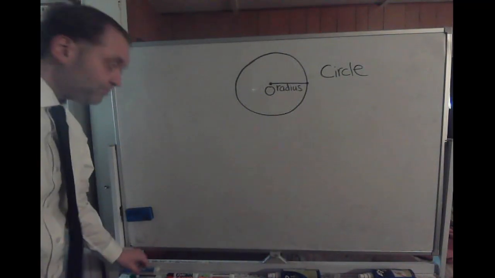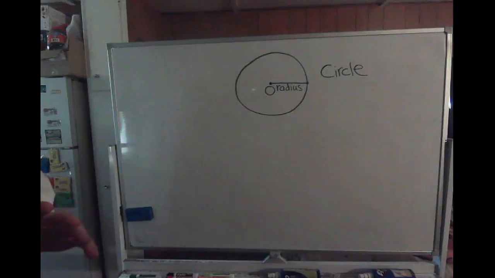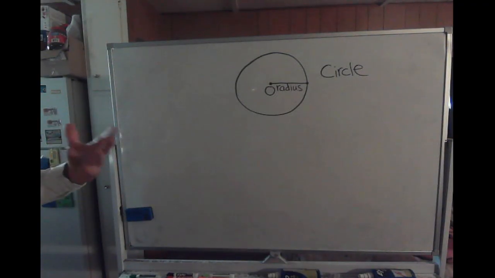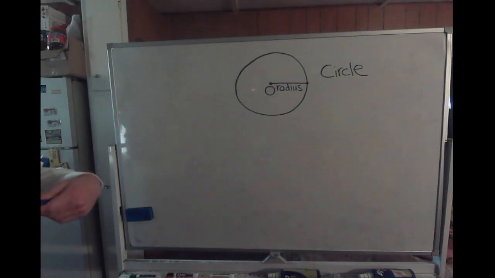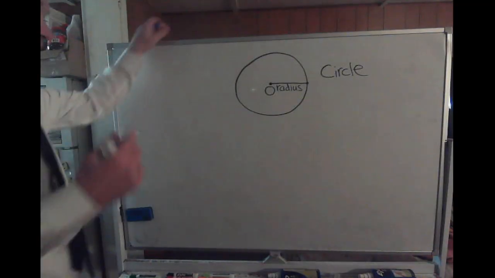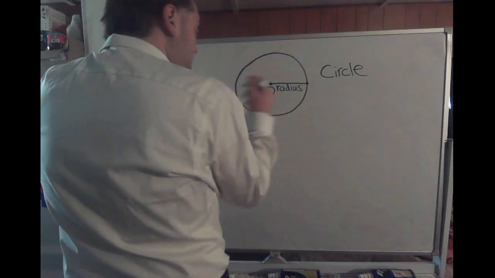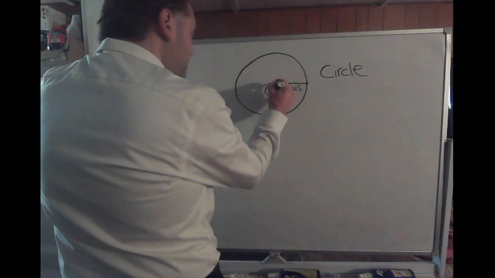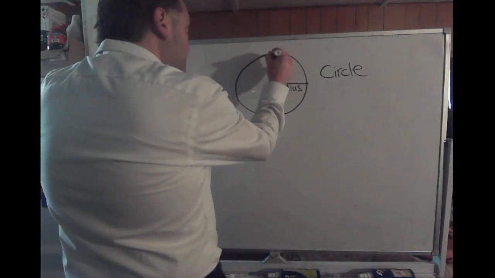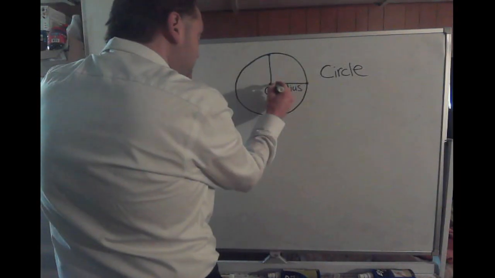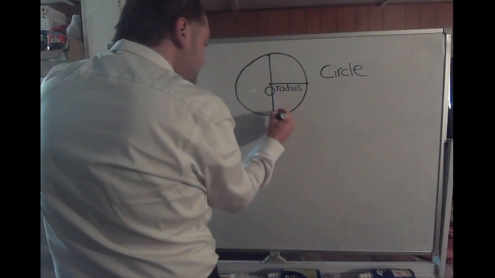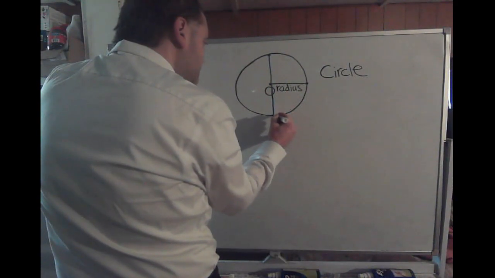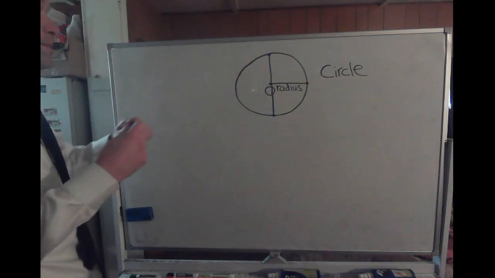We know about the radius, and this is probably a review to a lot of you. Now, let's say I run through the center of the circle, connecting two points on the circle.